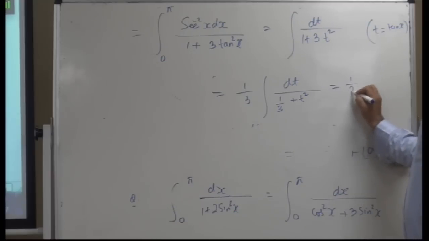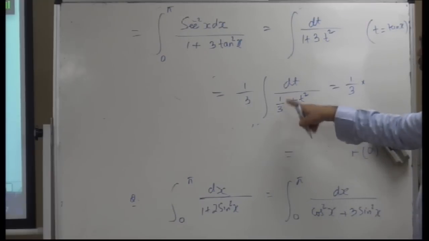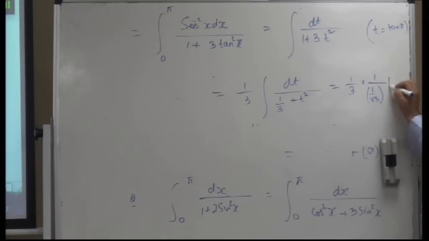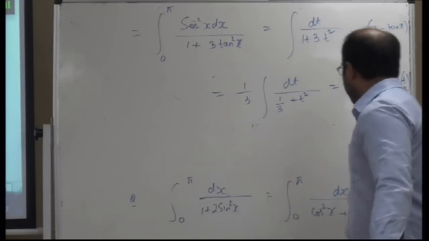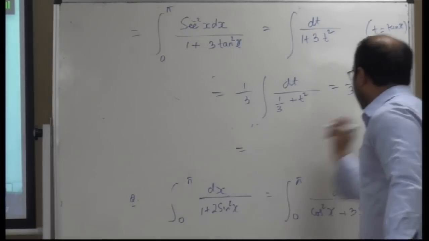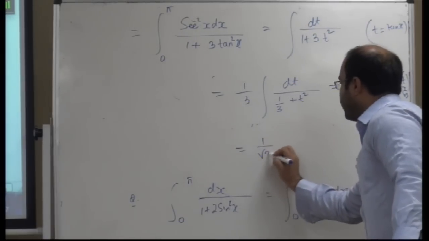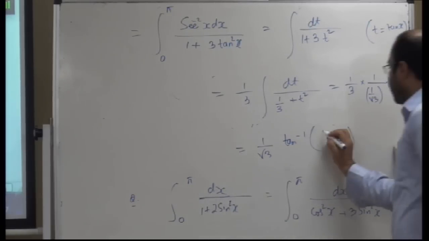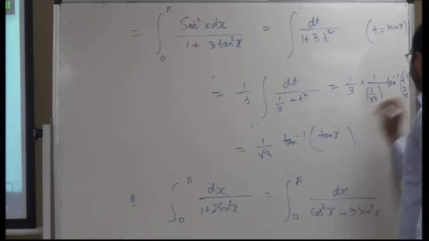So a square is actually 1 by 3, so 1 by a means 1 by root 3 into tan inverse of t by a, that is 1 by root 3. After cancellation, this becomes root 3 tan inverse, and this t is actually tan x, so this would become tan x times root 3.